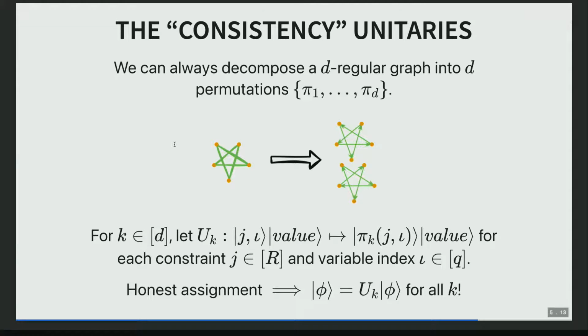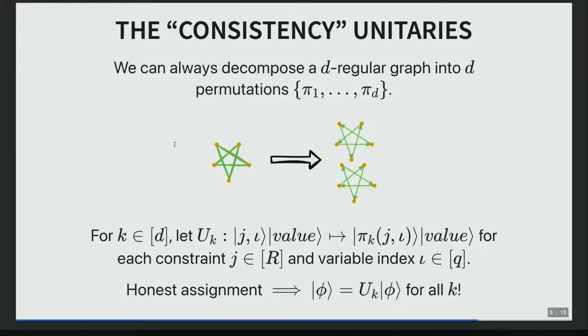And this expansion property, the fact that we use expander graphs, amplifies the cheating. That's the intuitive picture. So this is the protocol: we test for rigidity, we check the constraints, and we make sure the assignments are consistent.